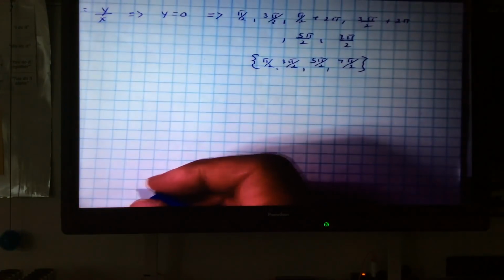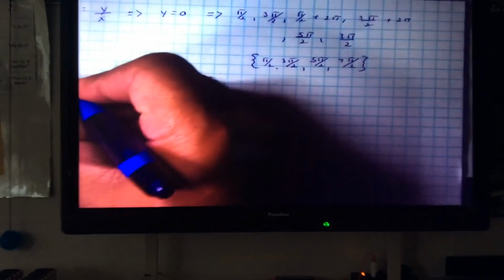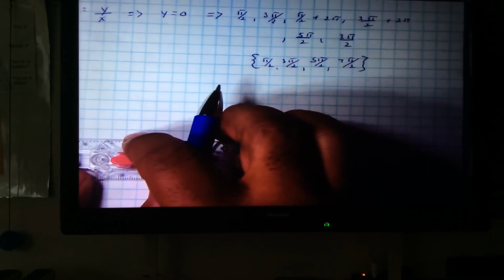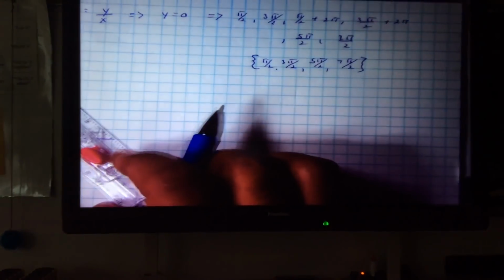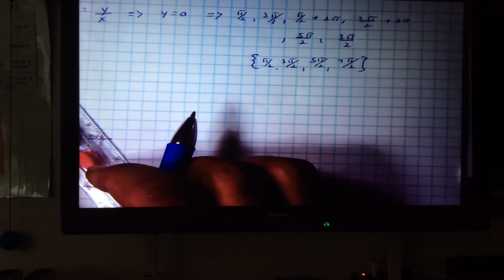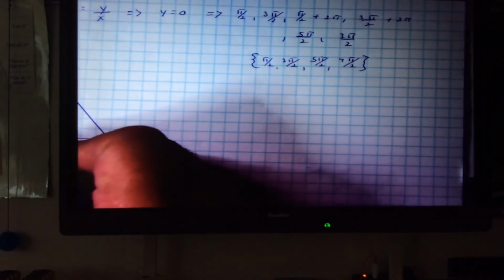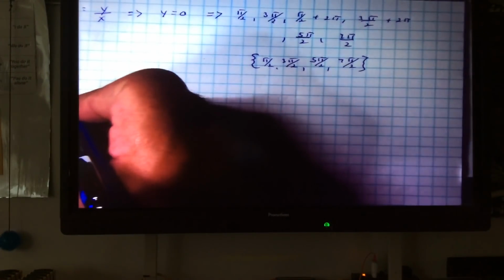I'm going to recreate the triangle. This is 30 degrees.